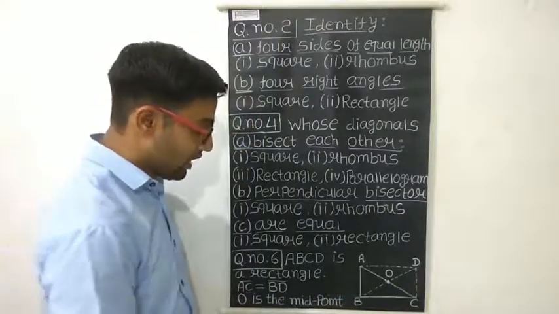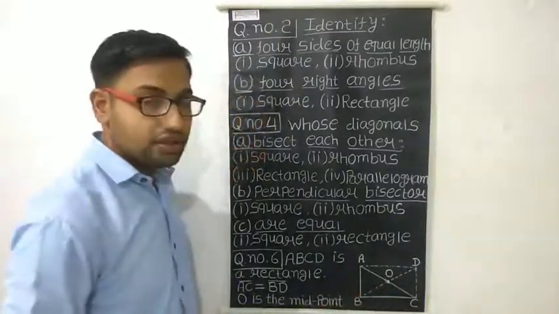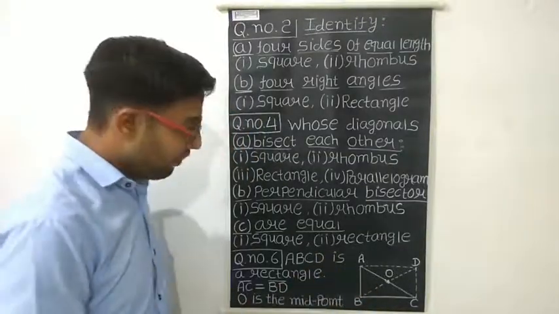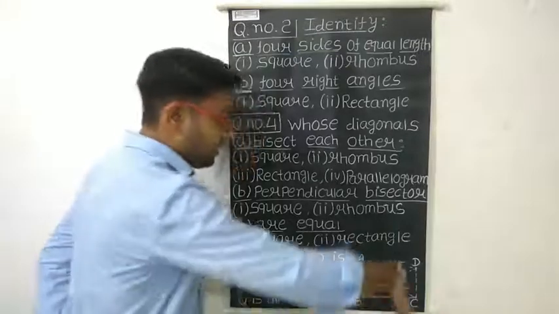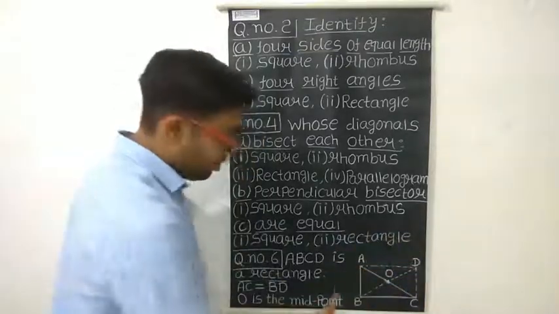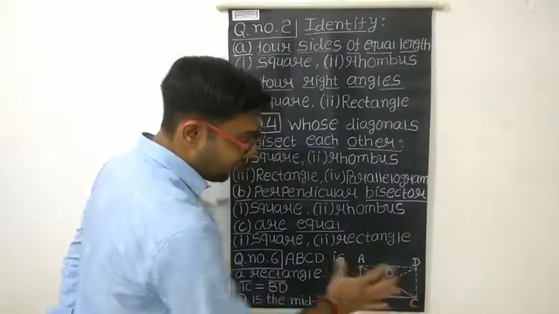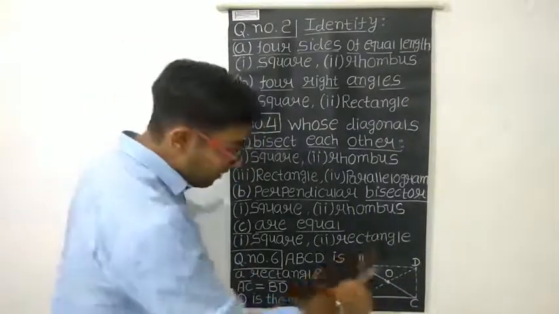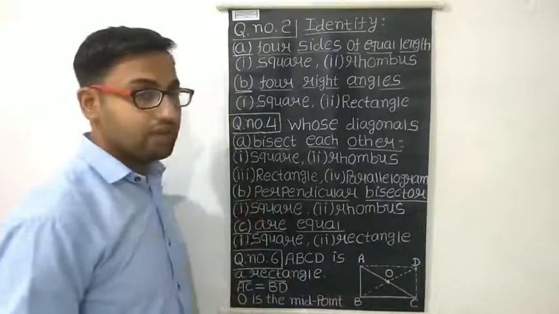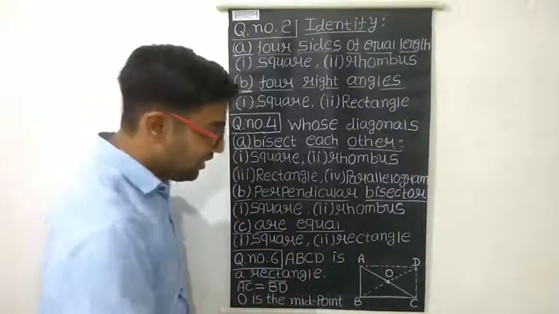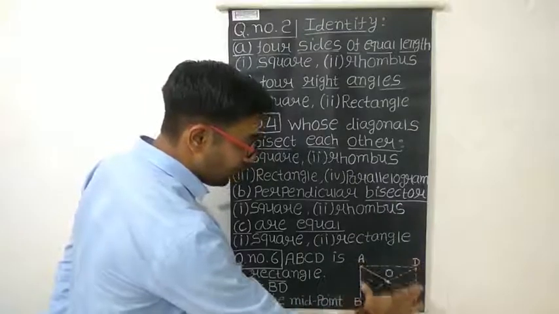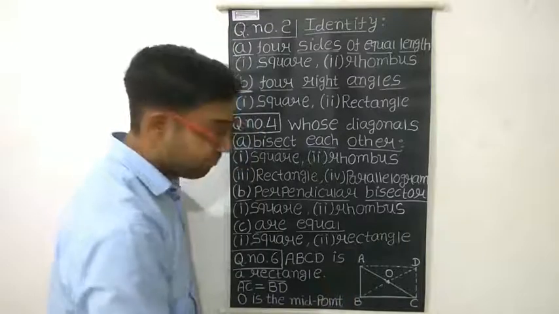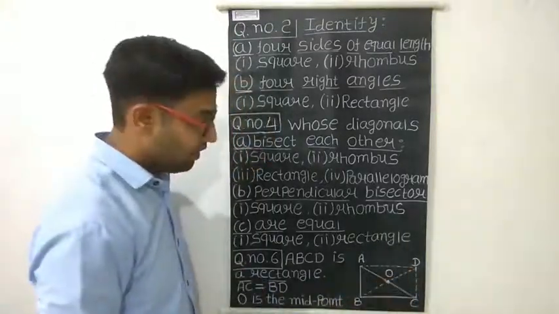So here you can notice that as this is a right angle triangle ABC, if we put one more right angle triangle ADC with the same hypotenuse AC, then what will happen? We get a shape ABCD and this ABCD becomes a rectangle. Why? Because this angle is 90 degree, this angle is also 90 degree.